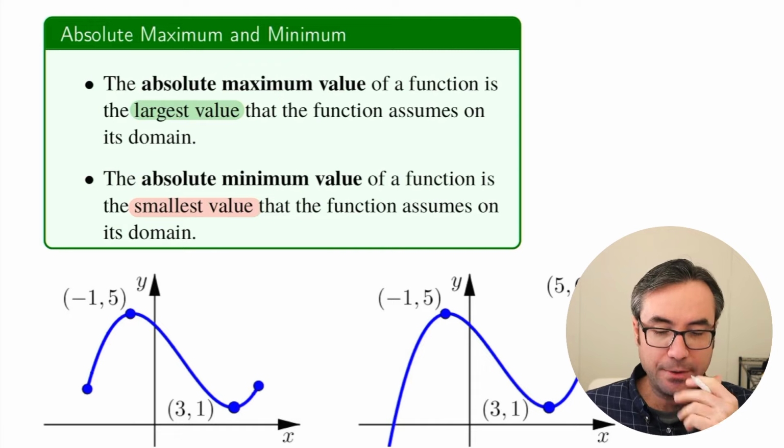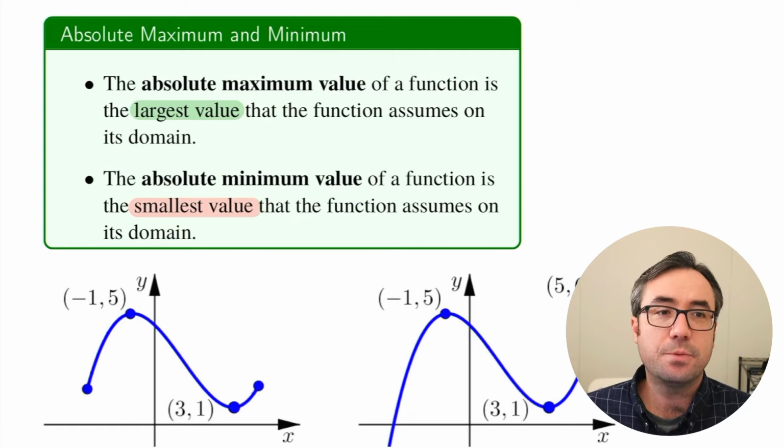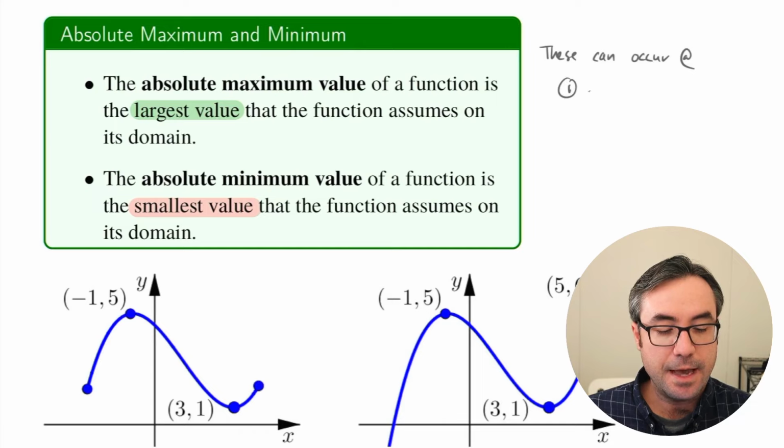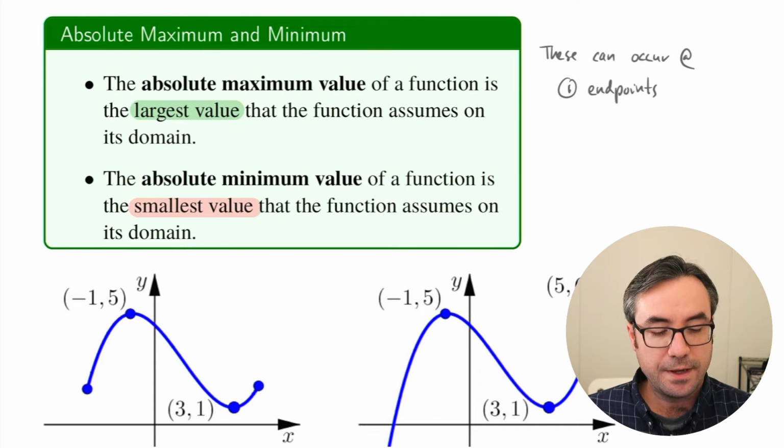These absolute maxes and mins can occur at endpoints, or they can occur at relative maximums and minimums.